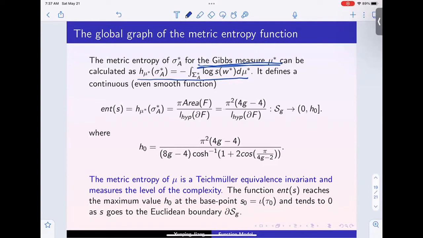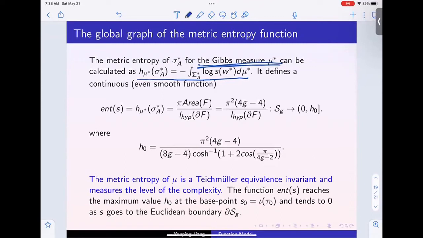Then you can see this metric entropy defines a continuous, or even smooth, function from the function space S_G to the real numbers.